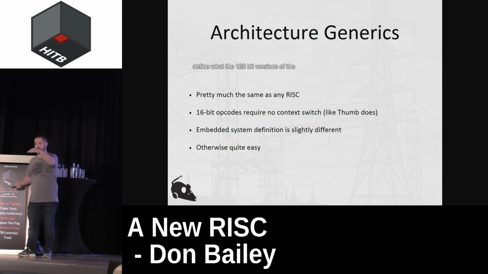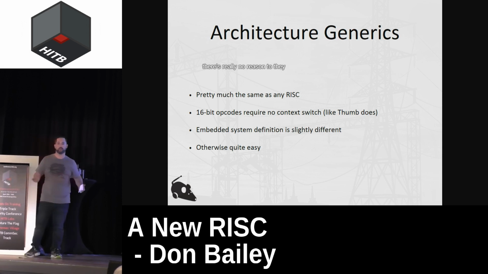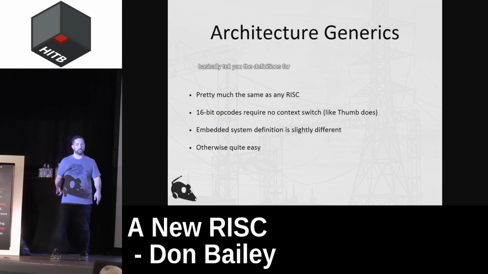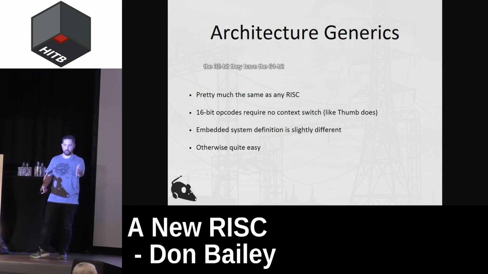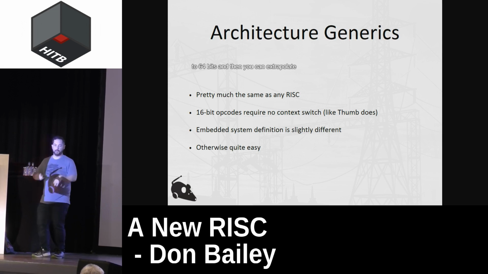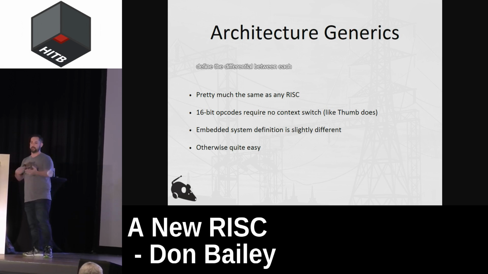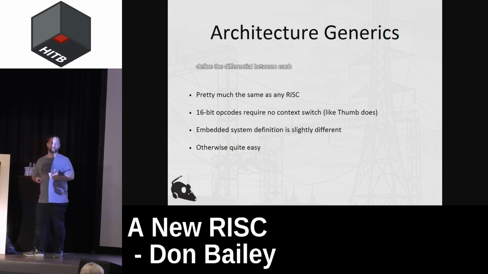They don't explicitly define what the 128-bit versions of the instructions are in the document because there's really no reason to. They basically tell you the definitions for the 32-bit. They have the 64-bit extrapolation of what it means to extend to 64 bits, and then you can extrapolate even further to 128-bit to basically define the differential between each architecture.